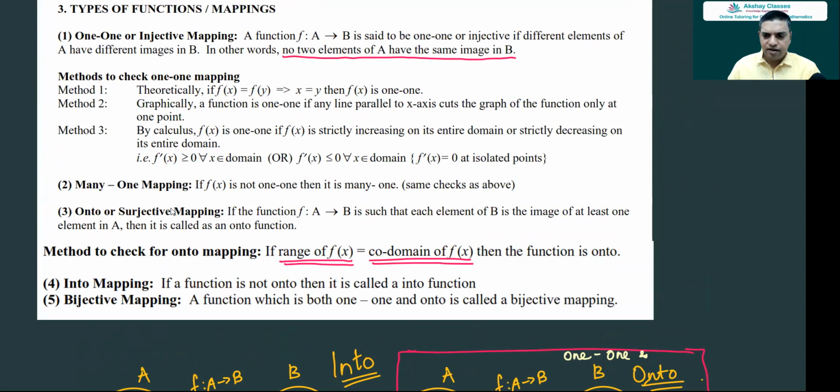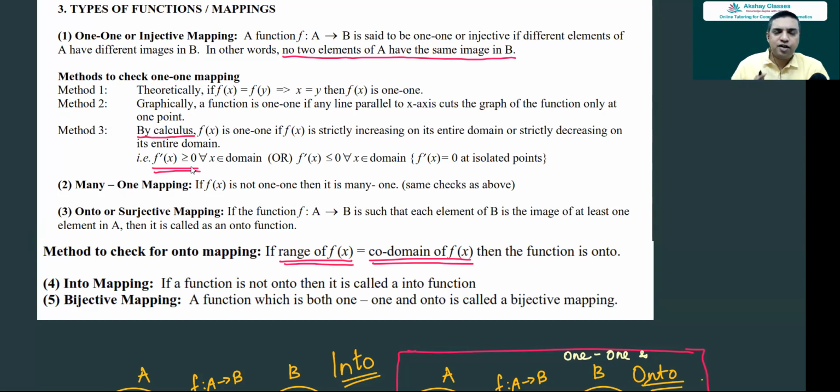And then again, very important, when you come to differential calculus, you can understand by calculus how the function is one-one. If the derivative of the function is always greater than or equal to 0 throughout the domain, then it is an increasing function.